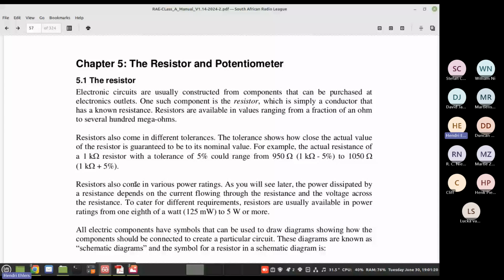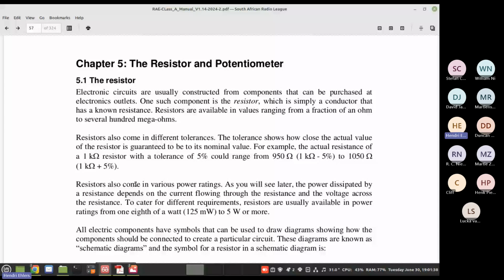Now, resistors come from very close to 0 ohms to several hundred mega ohms. They also have different tolerances. The most common ones are 5 and 1%.